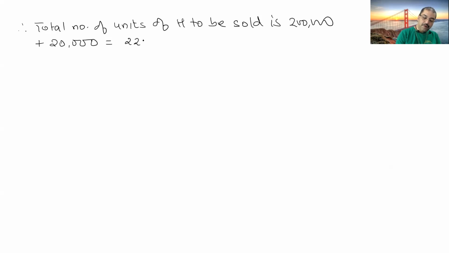That is 2,20,000 units. Let the reduced selling price of H equal X.